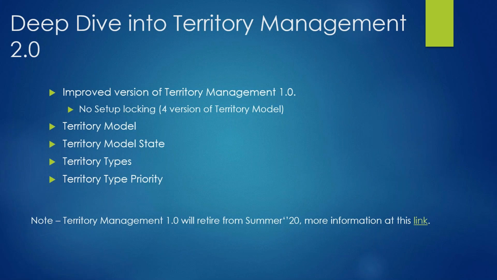I can have only one model, and if I'm creating a new territory and a new assignment rule underneath, it can cause a setup lock. It means that I won't be able to make any changes within the setup if my background jobs are still running, which are calculating the sharing of all of the objects associated with the territory management. So there was a setup blocking.